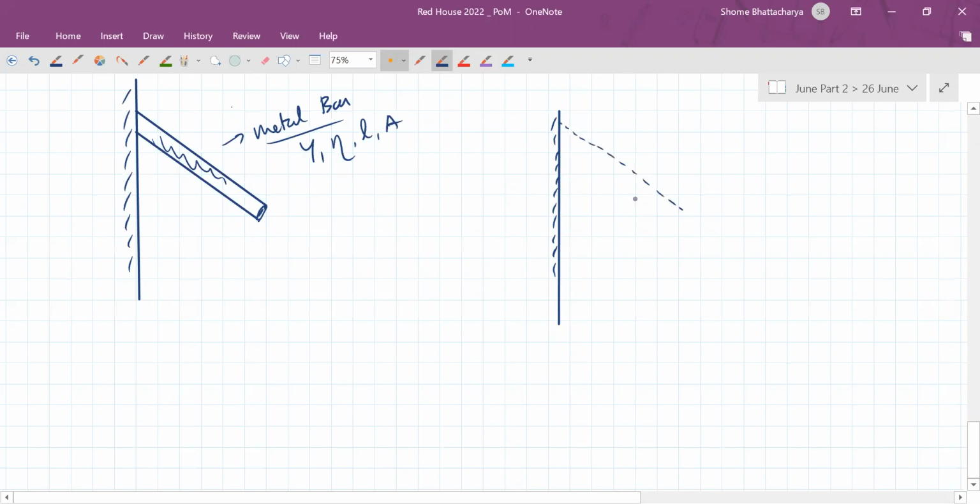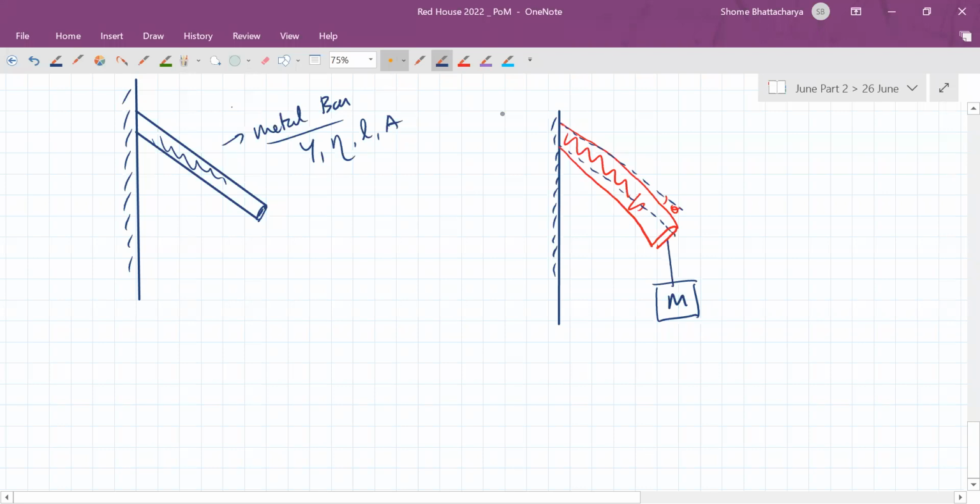Instead of this being what would have been its natural shape, it will tend to bend a little bit like this. So I'm drawing an exaggerated diagram for the bend, but it bends through an angle theta under the action of some weight.